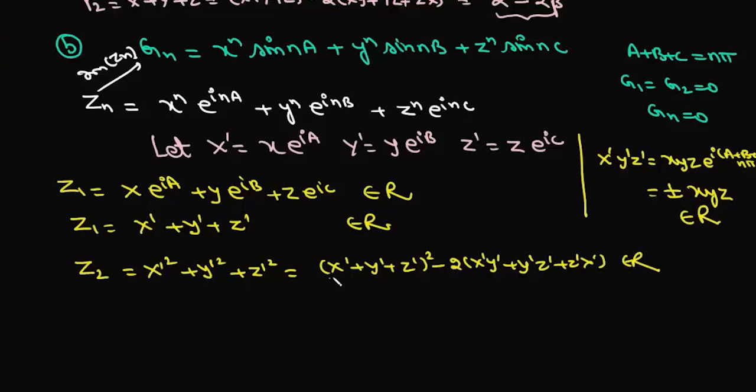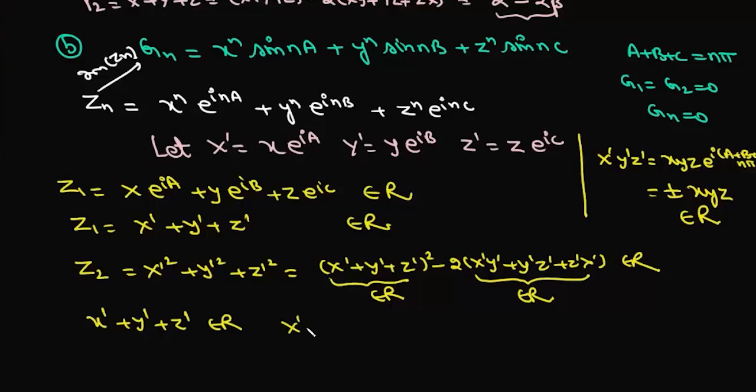Now x dash plus y dash plus z dash is real. So that means x dash y dash plus y dash z dash plus z dash x dash is also real. So now we have x dash plus y dash plus z dash, which are real.